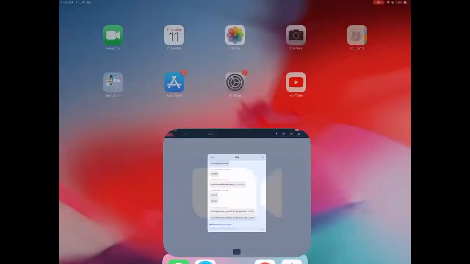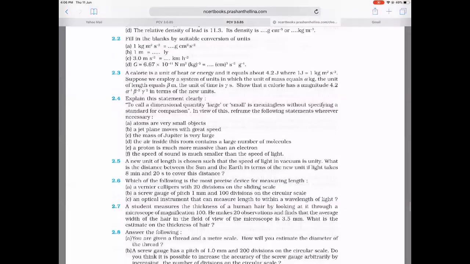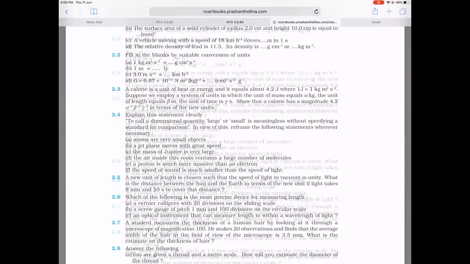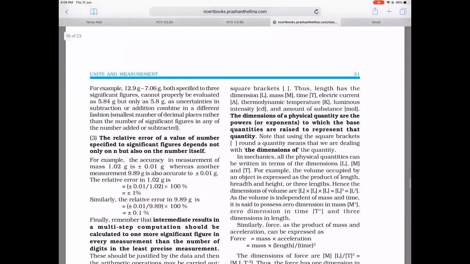If you want to discuss some theory on errors, we can discuss some theory. I'll just tell you briefly about all of them. If you want to make a note, you may make a note. So we can write down.